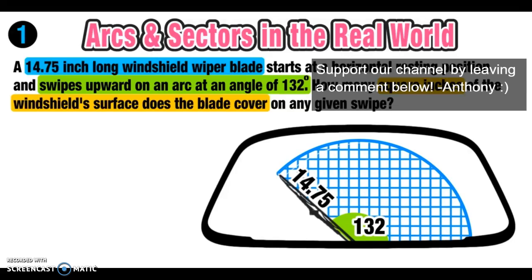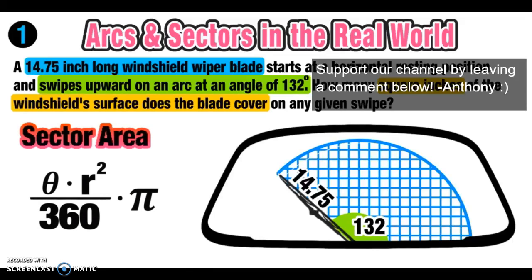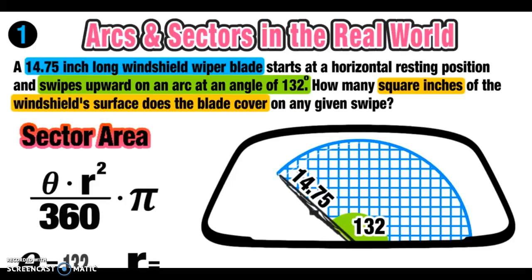Since we want to find the number of square inches that make up that contained area, we're going to use the sector area formula. For our formula, we need two things: the value of theta and the length of the radius. We know that theta is 132 degrees and the radius is 14.75 inches. All we have to do is substitute those values into the equation and solve.